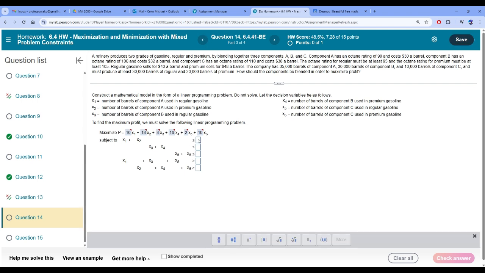And then x1 plus x2 must be less than x1 plus x2. $35, 1, 2, 3. 10,000. What is this? 30, 1, 2, 3. 10, 1, 2, 3. And then they want at least 30, 1, 2, 3. And they want 20, 1, 2, 3.